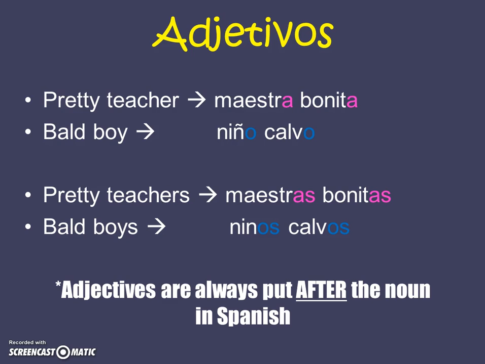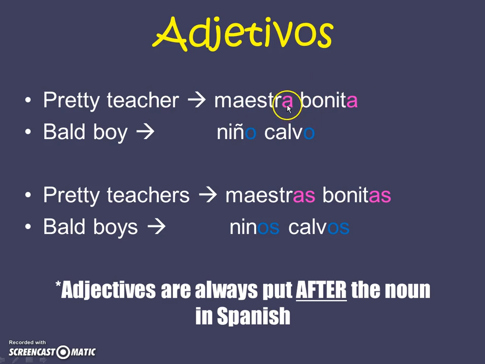Okay, so here's just some examples to show. Let's just say we want to say pretty teacher. Teacher in Spanish is maestra. If we want to say pretty teacher, we are going to say maestra bonita. Remember, we already learned how to say pretty. Okay. Now keep in mind, my noun, teacher, has to agree with my adjective in both gender and number.